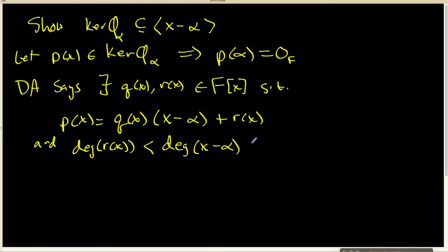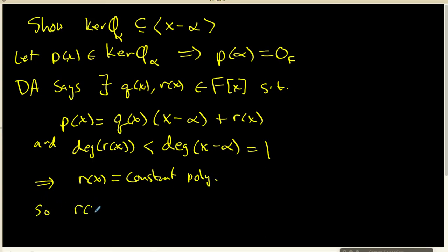Of course, the degree of x minus alpha is known to be 1, and saying that the degree of r is less than 1 says that r(x) is a constant polynomial. In other words, r(x) is identically equal to some c where that c is an element of my field of coefficients.